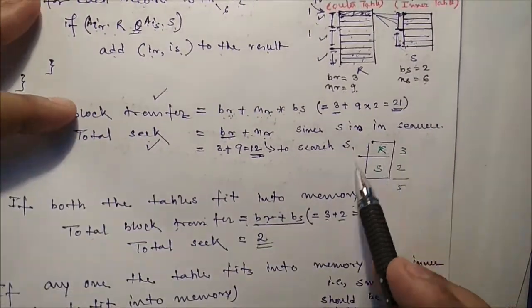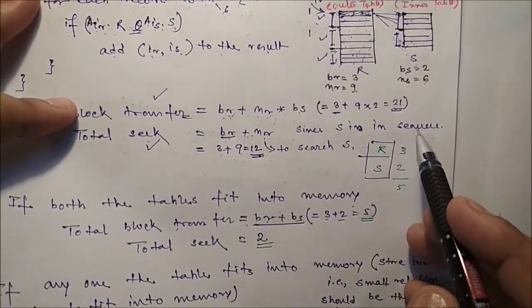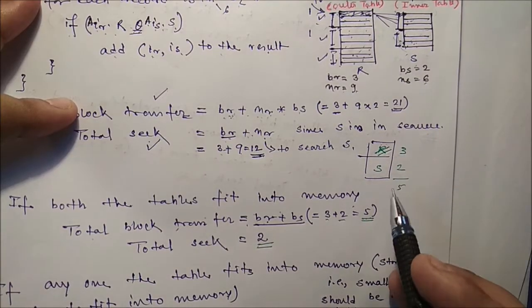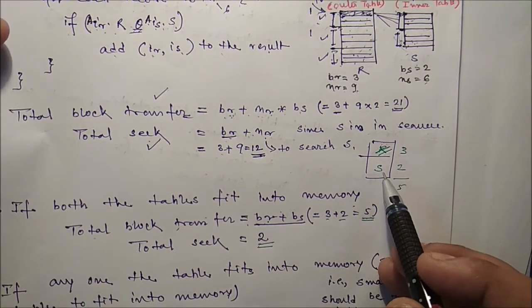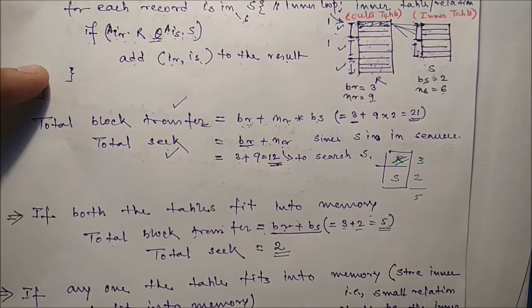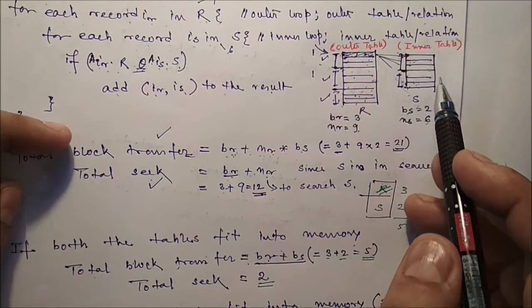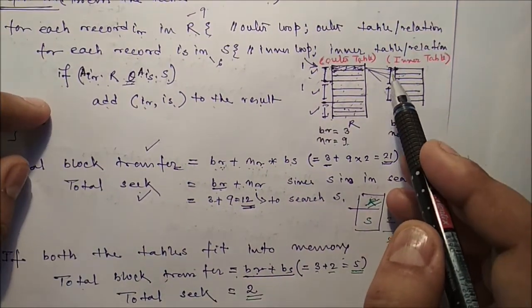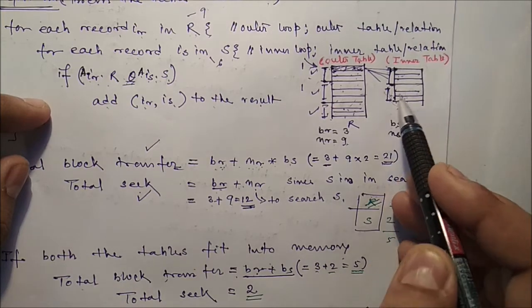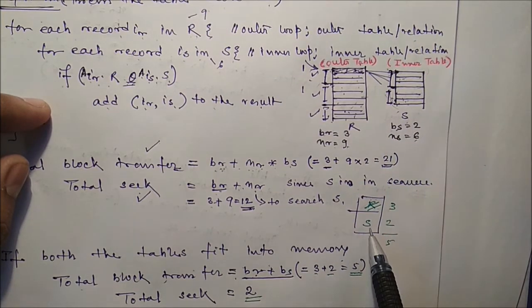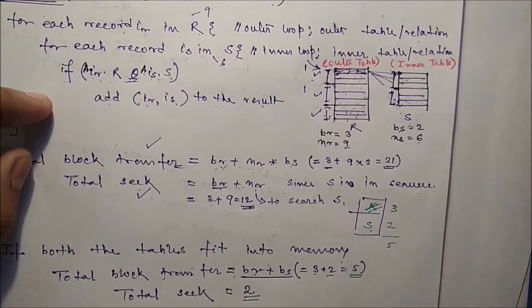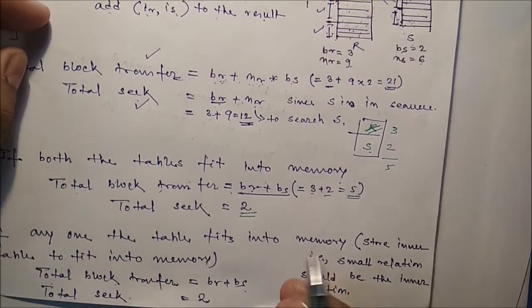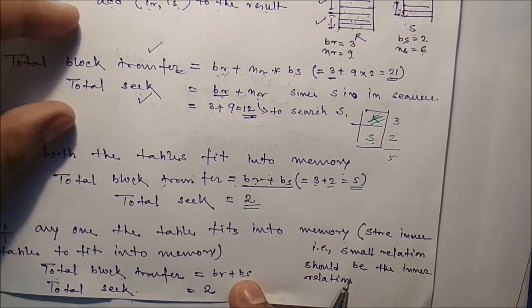If the size of the memory is not enough, and we can accommodate only the S table, then we need to bring this block and this block into the primary memory once. So we require BS time to transfer.